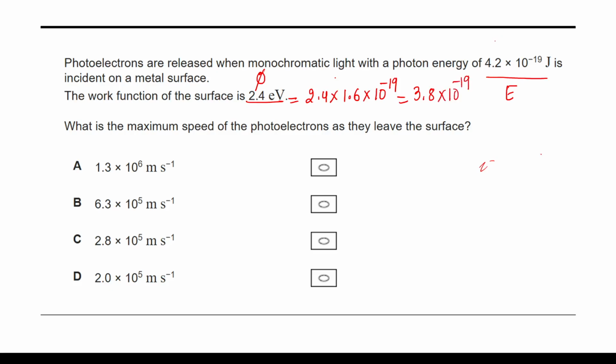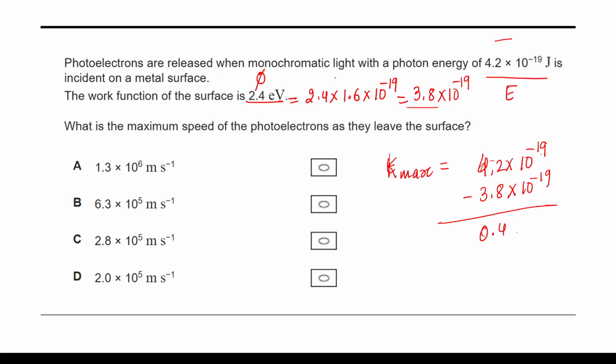So this is the work function energy, which was used to break the bonds. The photon energy is 4.2 times 10 to the power minus 19. How much energy is left? Energy left would be the Kmax. So Kmax would be 4.2 times 10 to the power minus 19, take away 3.8 times 10 to the power minus 19, which is 0.4 times 10 to the power minus 19.